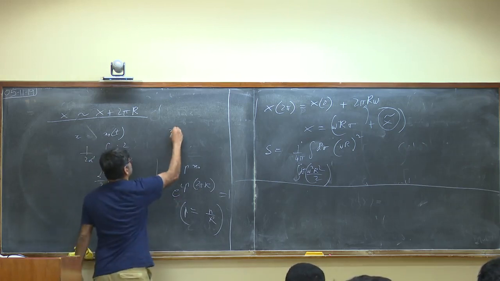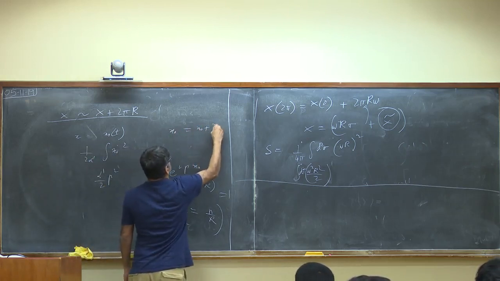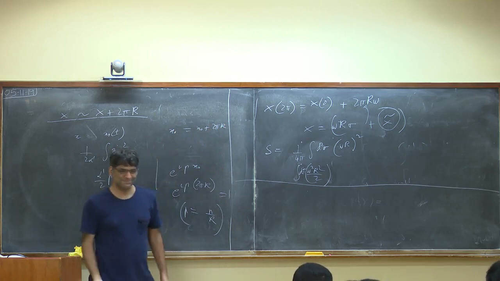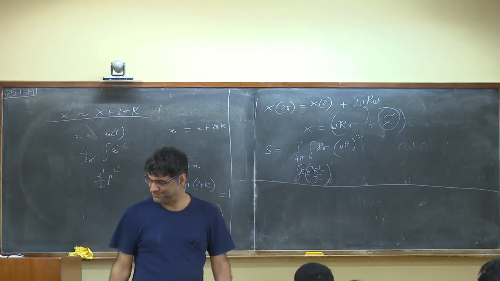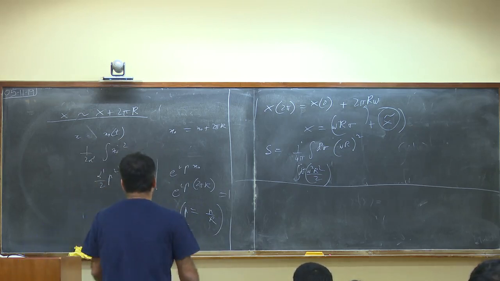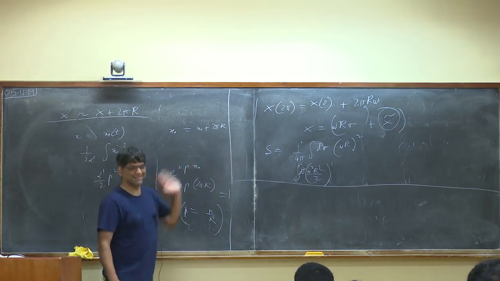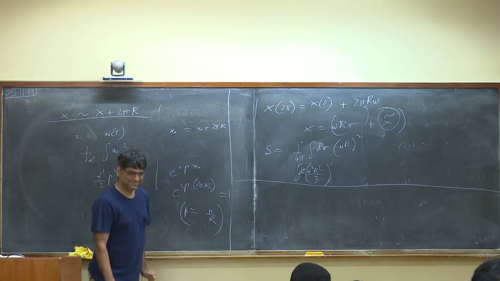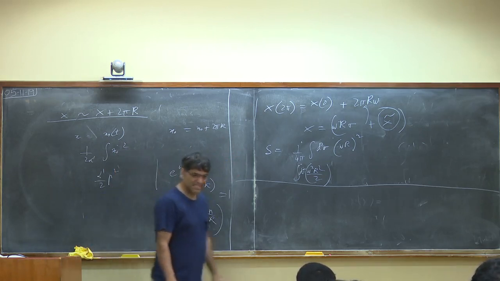X naught, I've not written, x naught is equal to x naught plus 2 pi r. Right? And therefore, what we said here applies to x tilde. Is this clear?